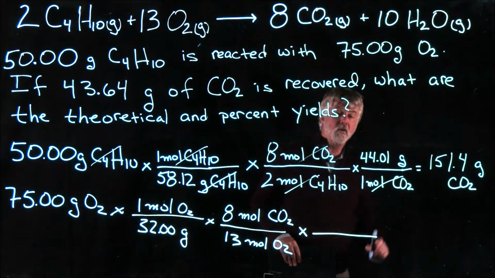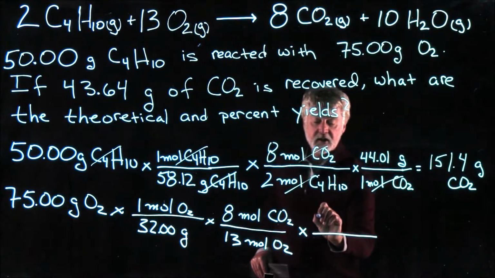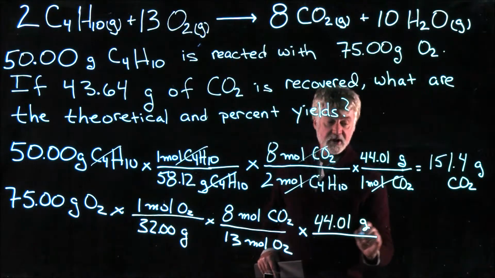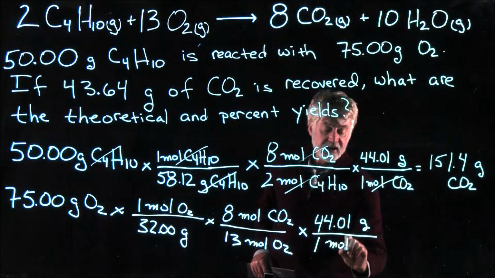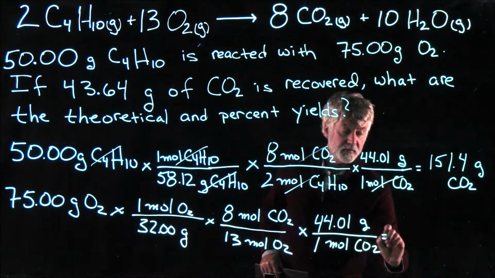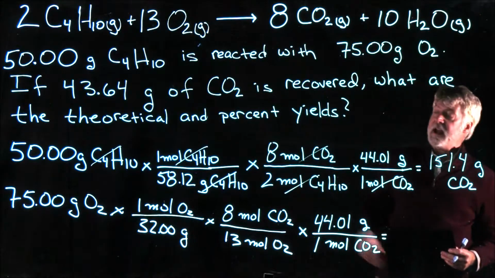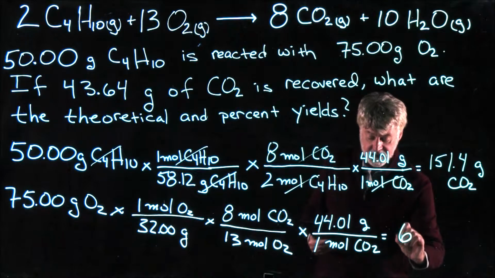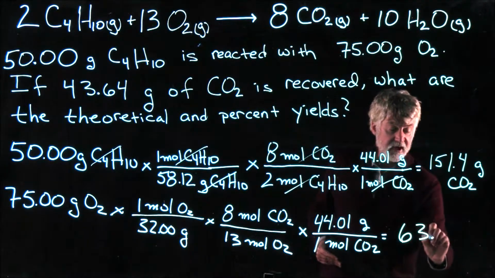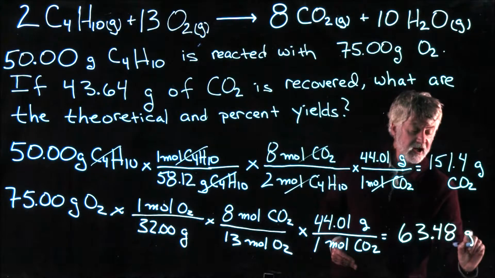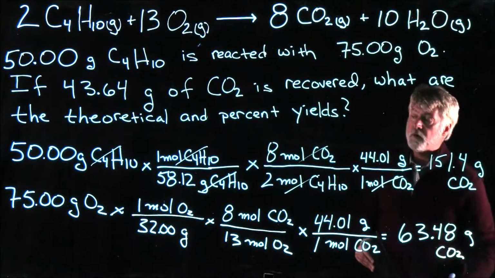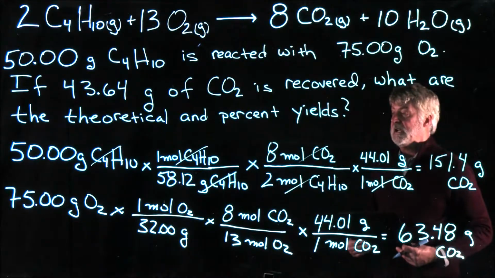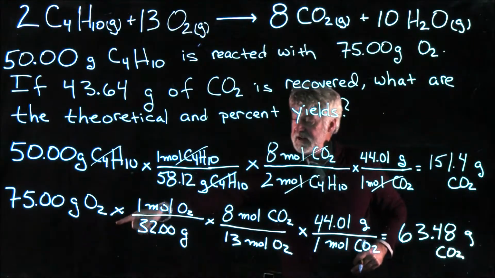Then just like before, we're going to come back out to grams. 44.01 grams is the molar mass of CO2. So it's a familiar pattern: grams to moles, back out to grams. And in this case, we get 63.48 grams of CO2.